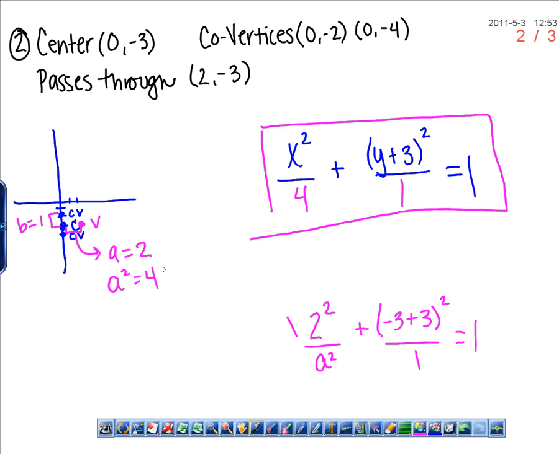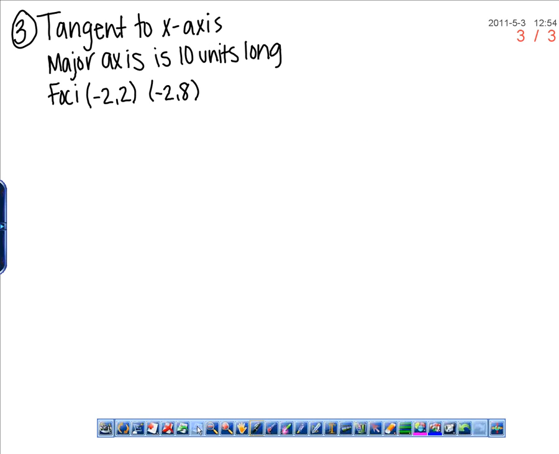All right, let's do one more. This ellipse is tangent to the x-axis. The major axis is 10 units long. And the foci are located at negative 2, 2 and negative 2, 8.